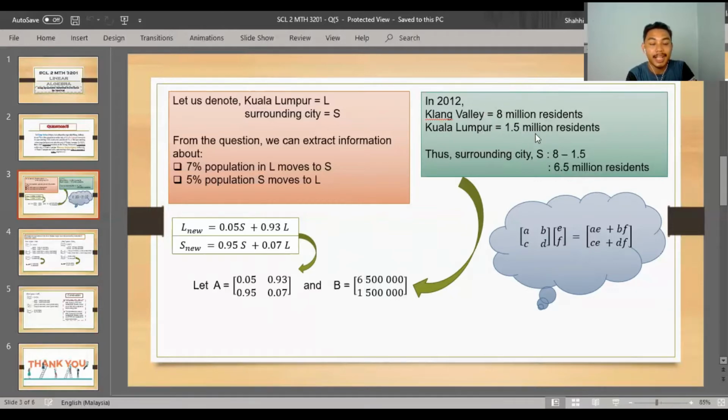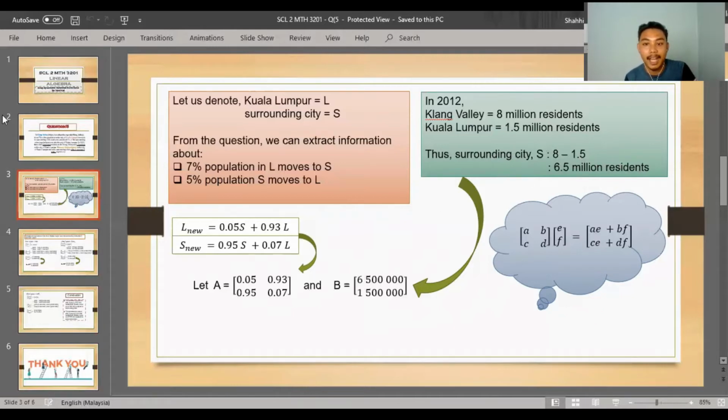So actually we can just minus 8 million with 1.5 million residents. By doing this, we can find the total population of the residents in surrounding cities, which is 6.5 million residents. So this is the surrounding cities population.